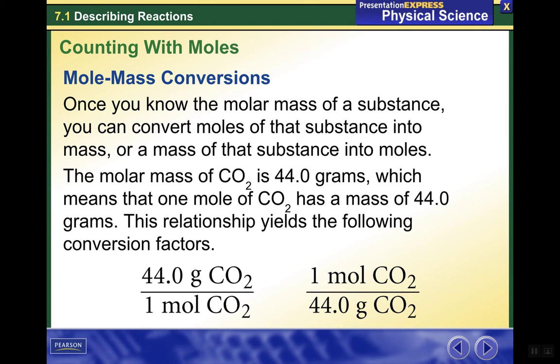I could write 44 grams of carbon dioxide over 1 mole of carbon dioxide. That means 44 grams per mole of carbon dioxide, or I could write it 1 mole of carbon dioxide over 44 grams of carbon dioxide, meaning 1 mole per 44 grams of carbon dioxide.